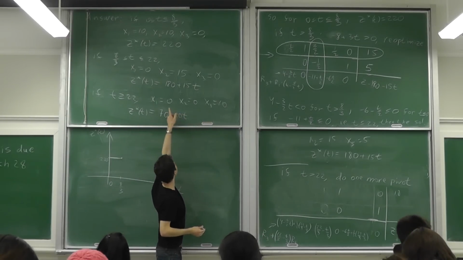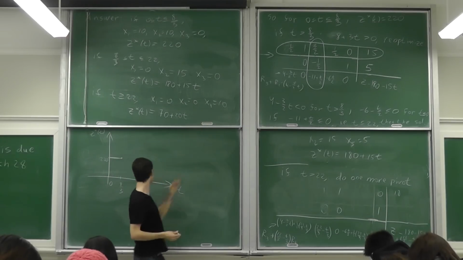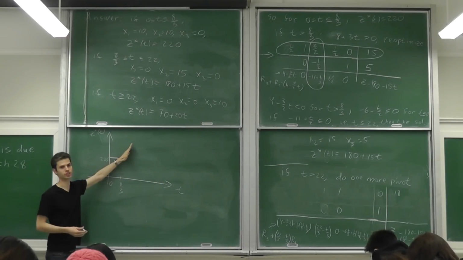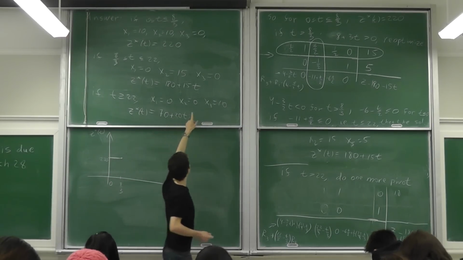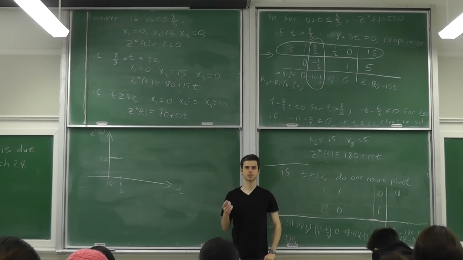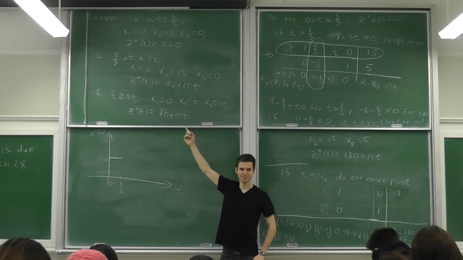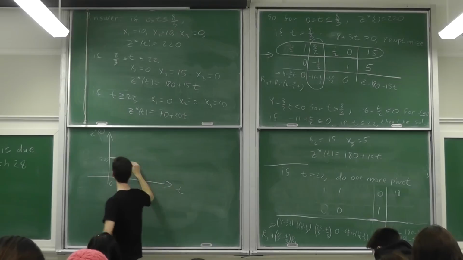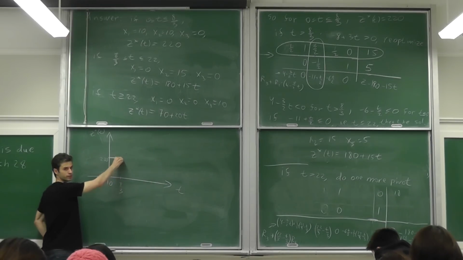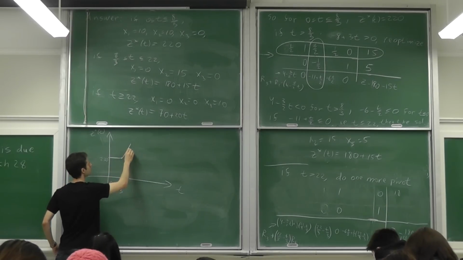Let's see what happens when t is exactly 8/3. We should expect that they will somehow match. When t is 8/3, 8/3 times 15 is 5 times 8, 40. 40 plus 180. Okay, miraculously it is 220.